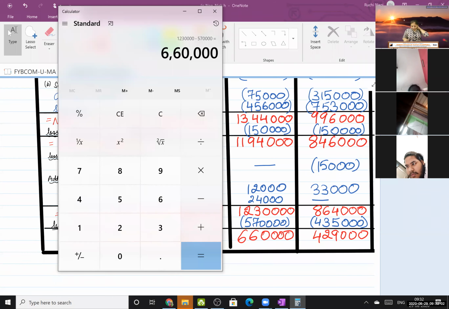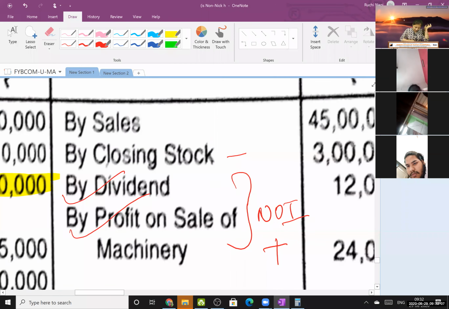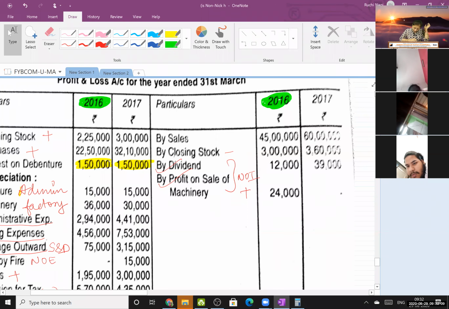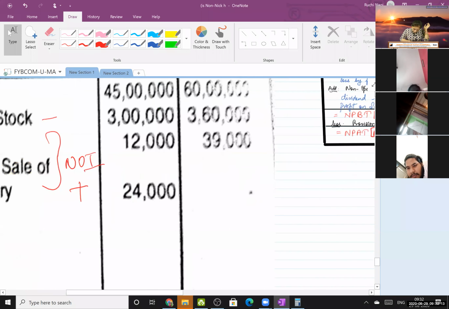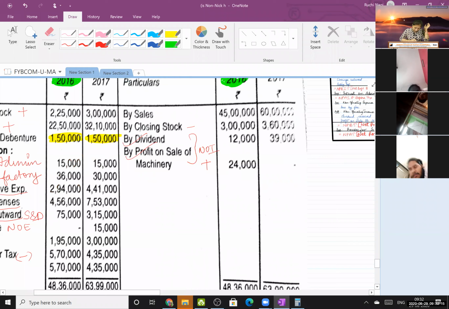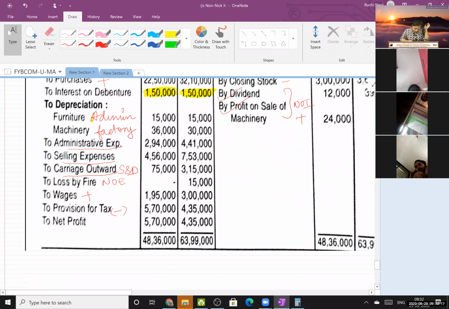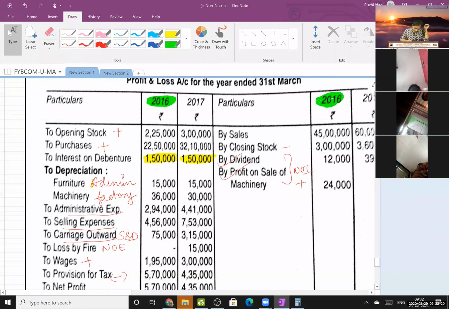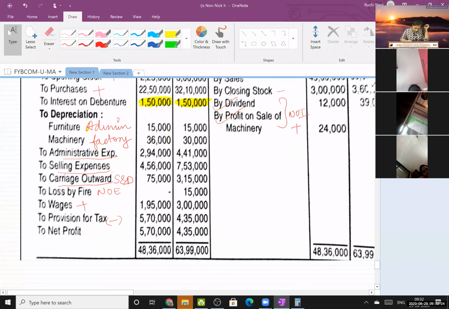So it is 6 lakh 60 only. Why have they given this answer?